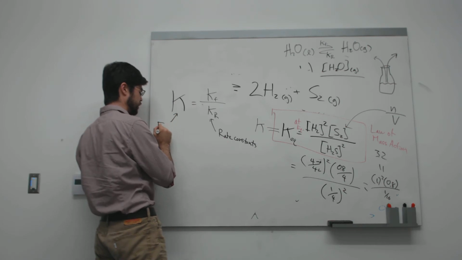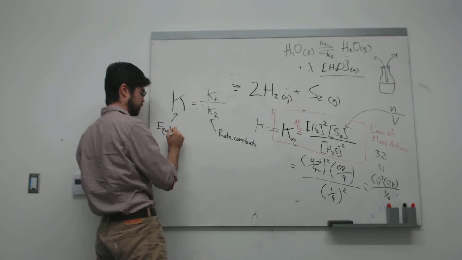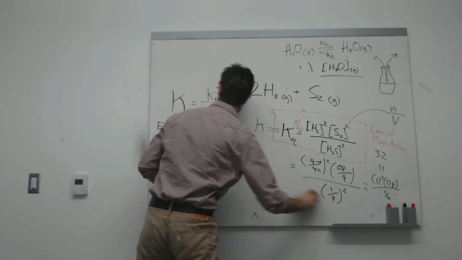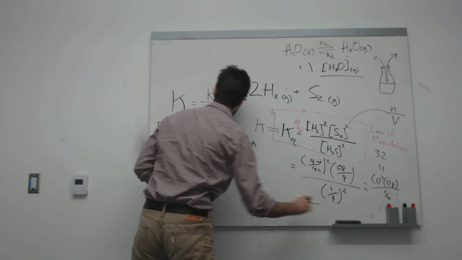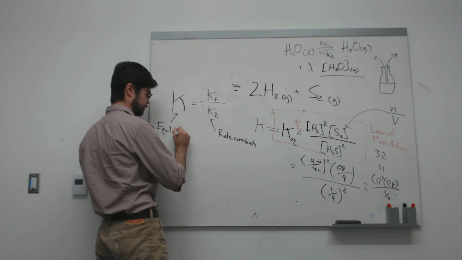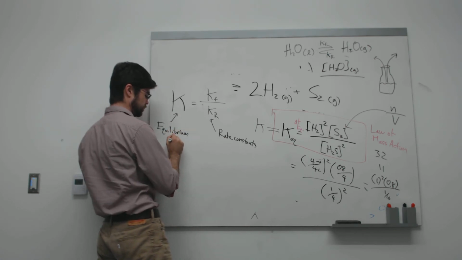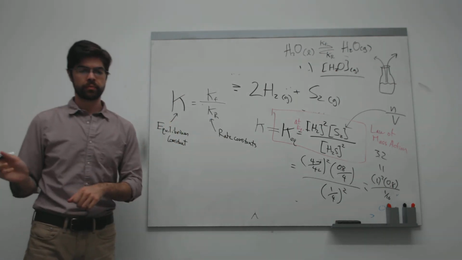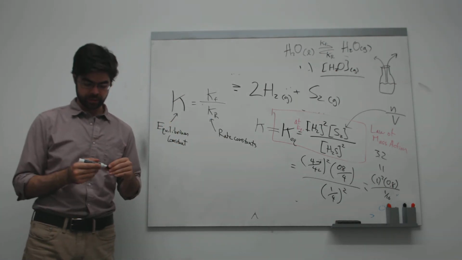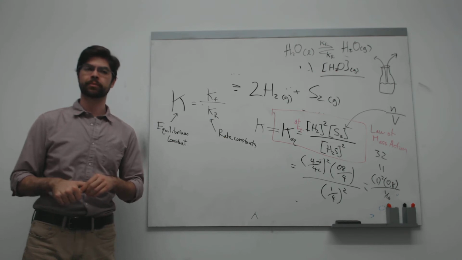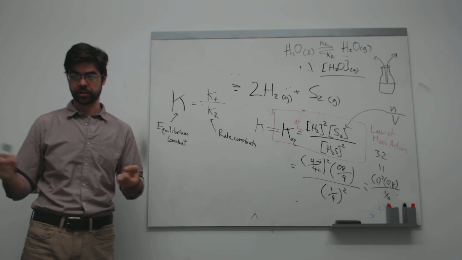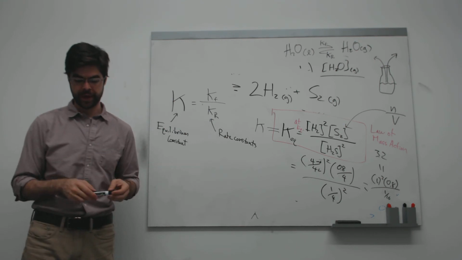This is the equilibrium constant for the equilibrium reaction, which again takes into account that there are two competing reactions, a forward and a reverse reaction.